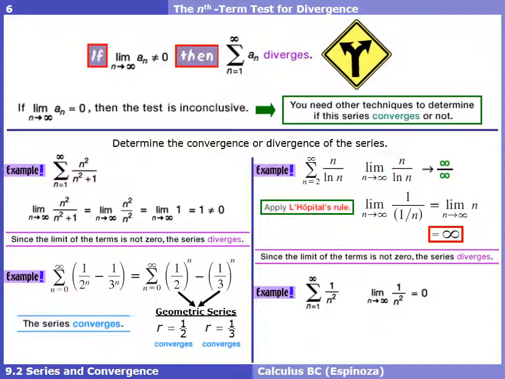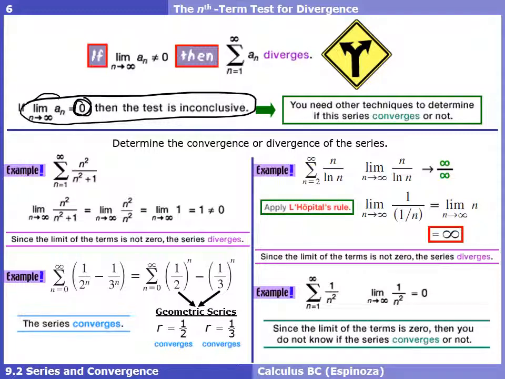We'll get 0. 1 over infinity squared, or just 1 over infinity, would be equal to 0, and be careful here. Based on this test, and we're going to accumulate a lot more tests, but at least for right now, because our limit is equal to 0, all we can say here is we don't know anything, really.